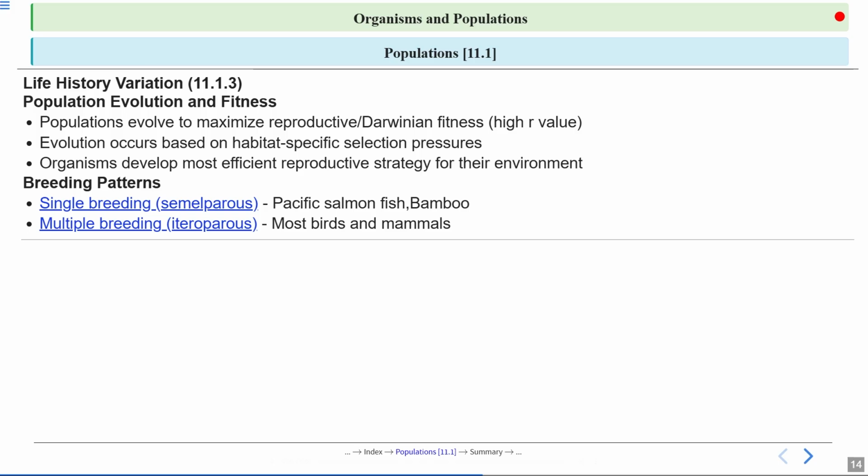Clear? These strategies reflect the diverse ways life has evolved to ensure survival. All these strategies have evolved as survival strategies in a particular environment, which helped that organism to survive in that environment.